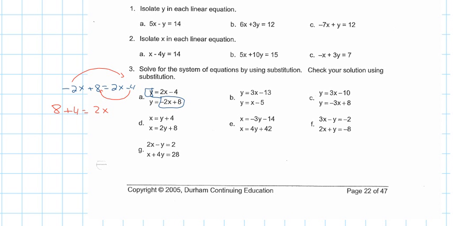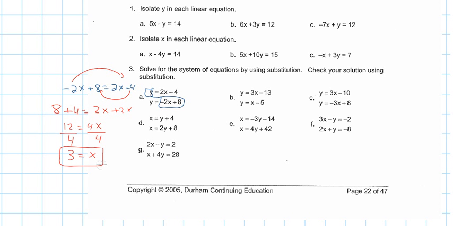Positive 2x. Okay? So I have 8 plus 4, which is 12, equals to 4x. Then what do I do? Divide by 4. So 12 divided by 4 is 3. So that means x equals to 3.